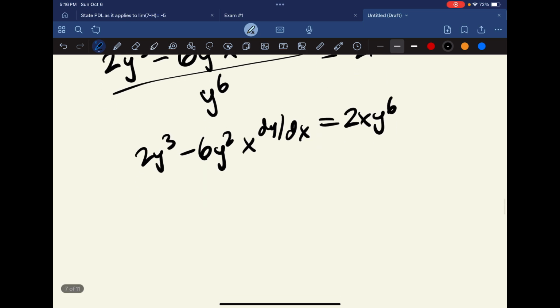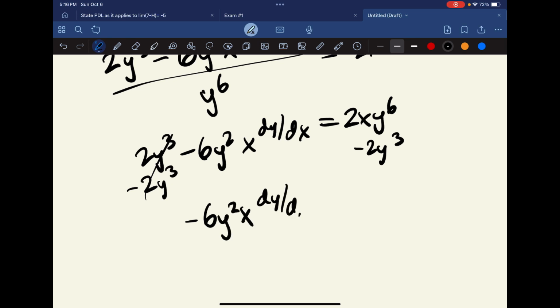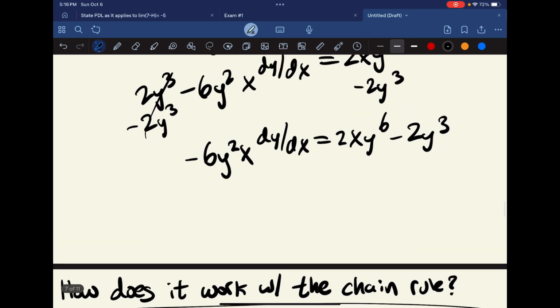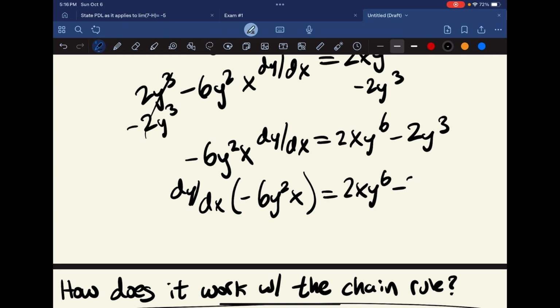So now we want to get all of our dy dx terms to one side and all of the non-dy dx terms to the other side. So we'll subtract this 2y cubed from both sides. So we'll get negative 6y squared times x times dy dx equals 2xy to the 6th minus 2y cubed. And then now we factor out that dy dx from that term, and we're just left with negative 6y squared x equals, and then just this stuff again.